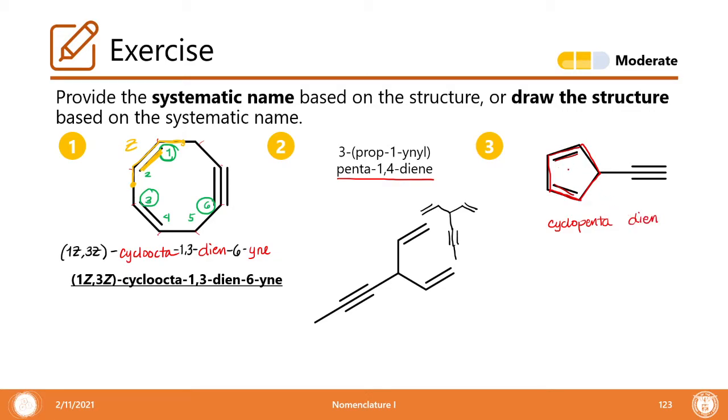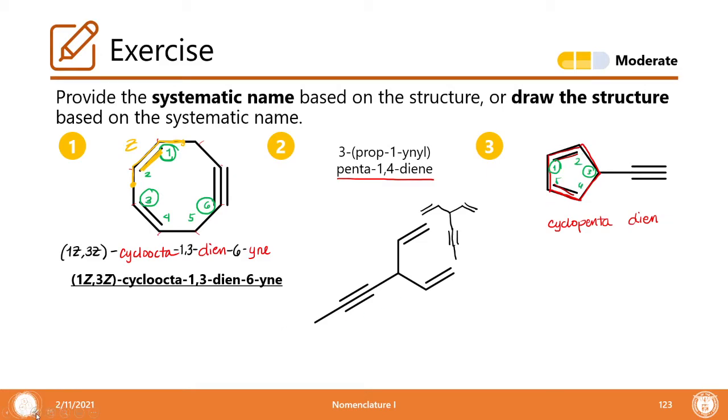So we have, at the positions 1, 2, 3, 4, and 5. Is this the most optimized? Yeah, 1, 2, and then 3, and then 4, and then 5.